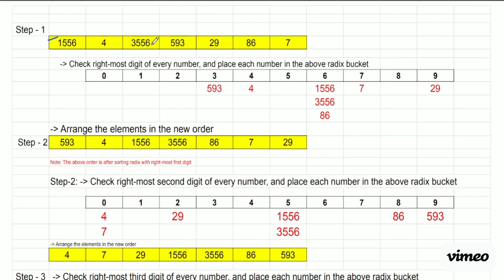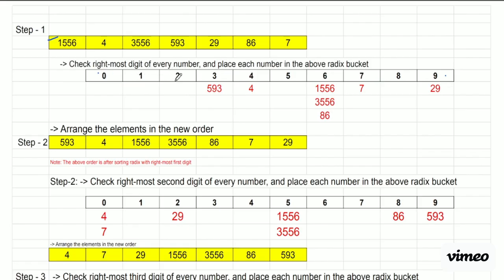Let's leave all those things aside. First things first, we'll create our empty buckets. What are these buckets? As you can see here, we are essentially writing all the digits in the decimal number system from 0 to 9. These are all labels for a container, or a bucket, the word that is being used.